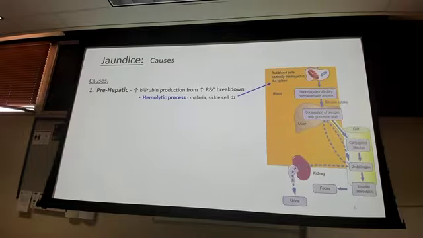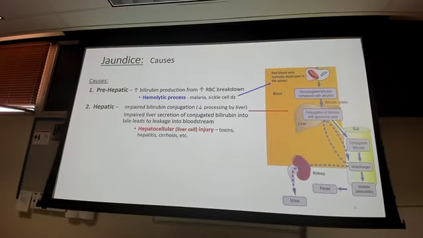If you have a lot of RBC breakdown, like sickle cell disease, malaria, autoimmune hemolytic anemia, or a transfusion reaction, you're going to get a high bilirubin level. It's going to be indirect though, okay? I'm going to break that down even further as we go on. That's called pre-hepatic, so it happens before the liver.